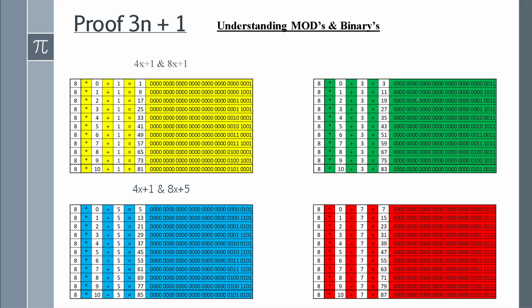But these never change, right? They're going to be either 1 mod 4 or 1 mod 8. And then you have your 3 mod 4s that are divided into 3 mod 8 and 7 mod 8s. And the 3 mod 8s will always be 3 mod 8s. But on the 7 mod 8s, we have something that's happening, right?